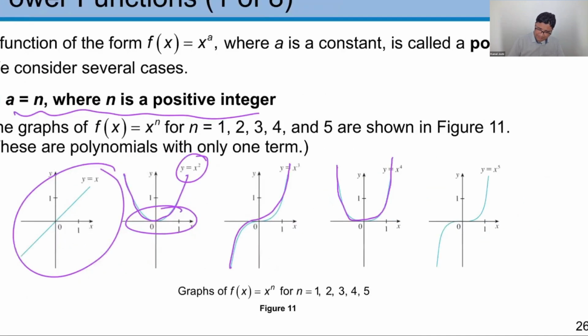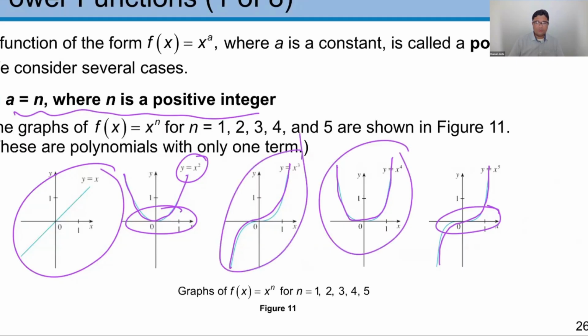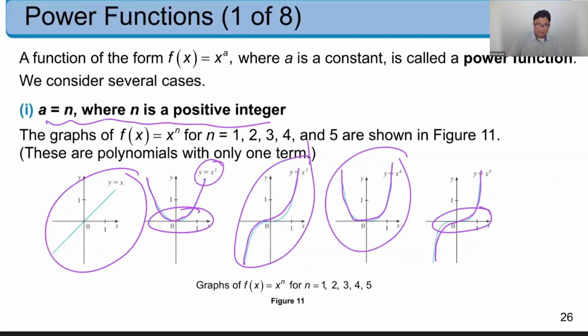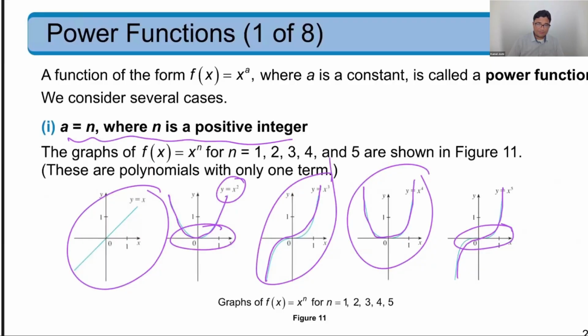Degree 5 again looks like the cubed, but again more flat between -1 and 1. And that is the pattern that will continue. Every even power will look like x squared. Every odd power will look like x cubed. Okay. So that is a general behavior of all power functions.